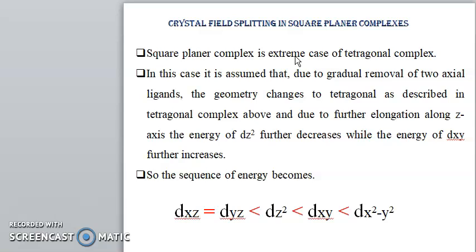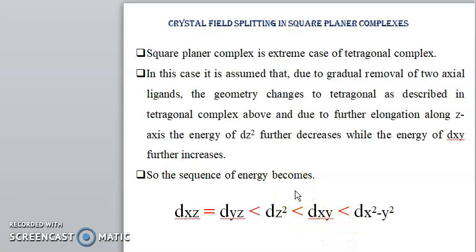It is assumed that due to gradual removal of two axial ligands, the geometry changes to tetragonal, as described above, and due to further elongation along the z axis, the energy of dz² further decreases while the energy of dxy further increases. So the sequence of energy becomes like this.